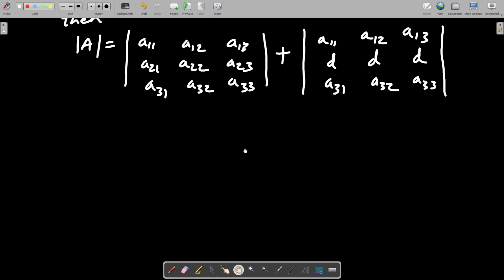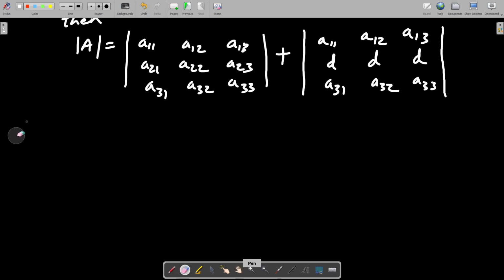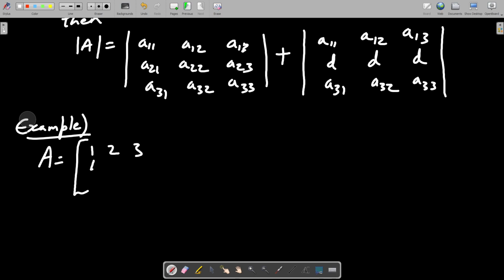Let us see one example based on this. Take A to be the matrix 1, 2, 3, 4, 5, 6, and then you have 6, 5, 6.